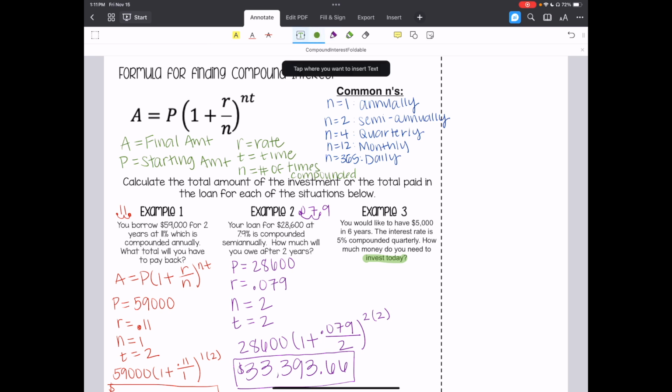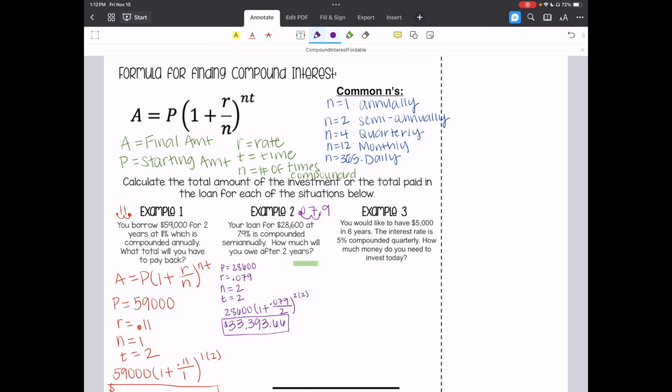So in this case, our final amount is going to be $5,000. We do not know P. We know our rate was 5%, so we take the 5, move our decimal left 2, so our rate is 0.05. Our n value is compounded quarterly, so that means our n is 4, and we know it's in 6 years, so t is 6.